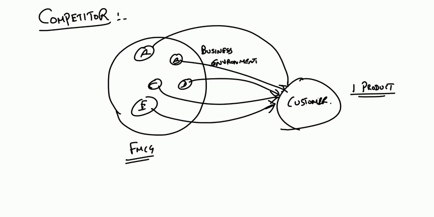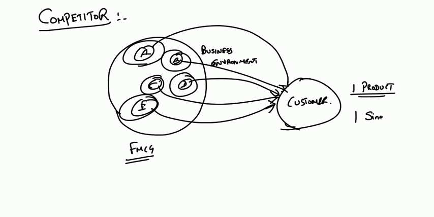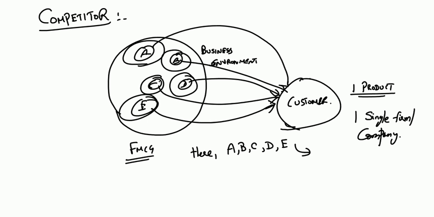Now what he does, he sees about the performances or the value of the product of these companies and buys from one single firm or company. So here the companies A, B, C, D, E will have a competition to satisfy the customer.